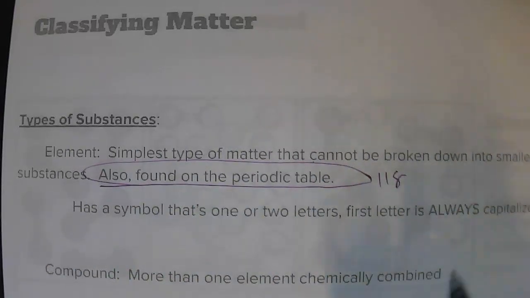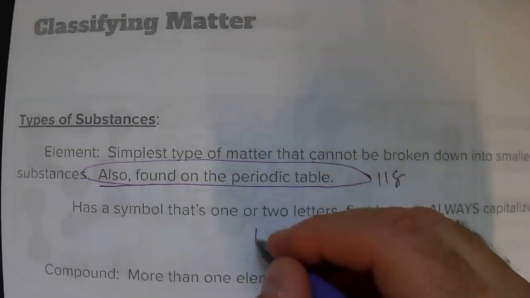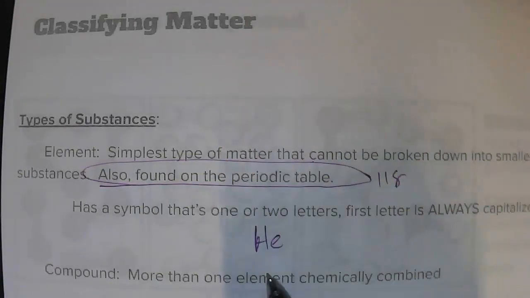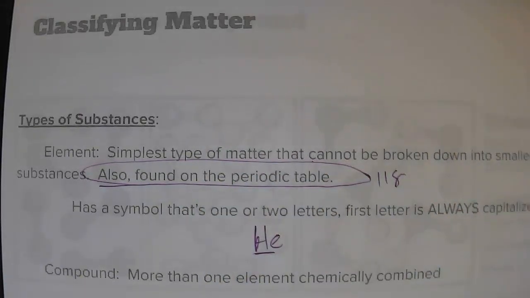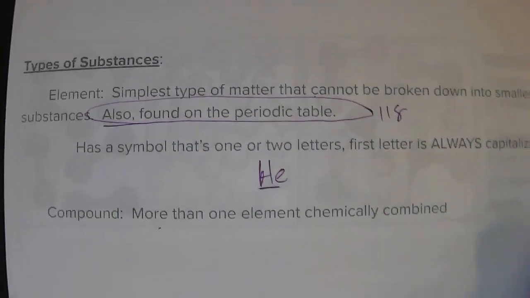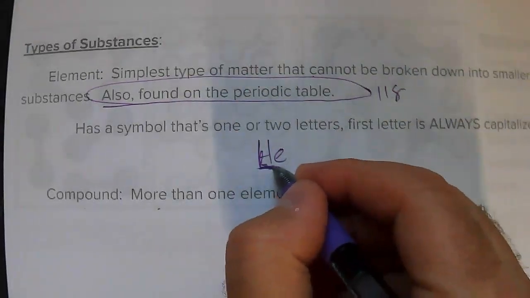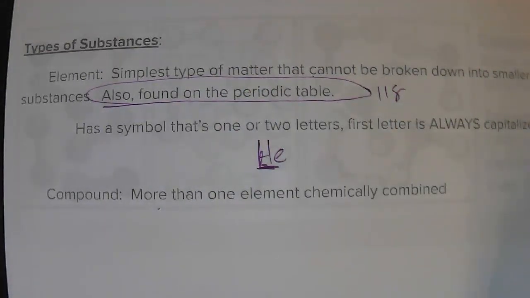Now, you can tell if it's an element because if I'm writing He, it's a one or two letter symbol, but the first letter is always capitalized. And if it's a compound, now we have multiple elements, but they are combined together. You can tell because it'll have multiple capital letters when we put its symbol down.